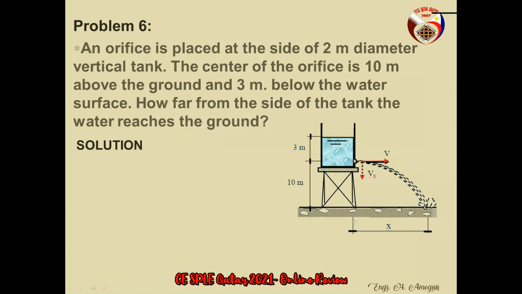And the distance traveled X. The motion along X direction is a constant velocity, so there is no horizontal acceleration. Pero yung vertical, meron siyang gravity. Kaya freely falling yung vertical direction, constant velocity yung X direction.